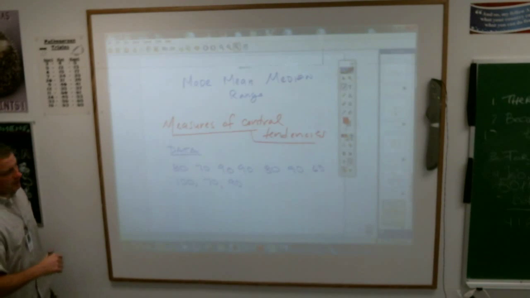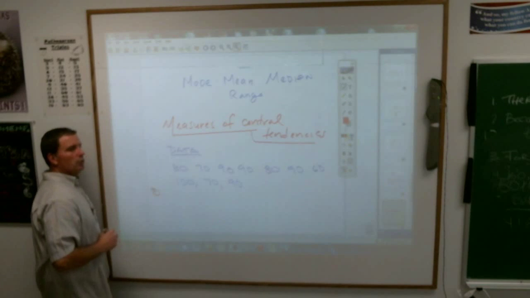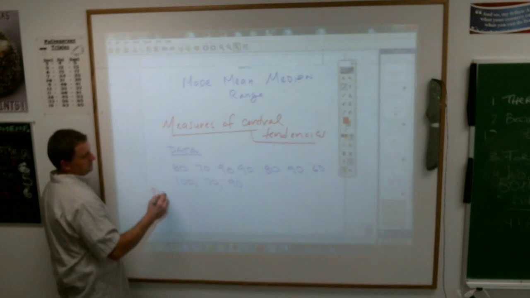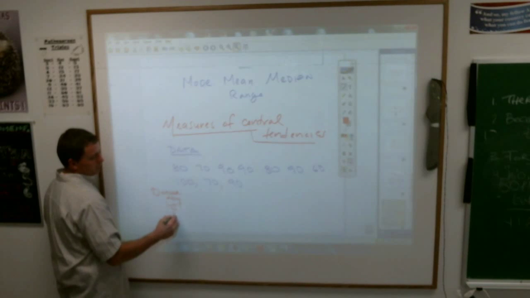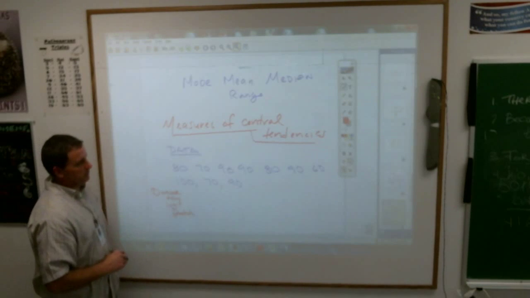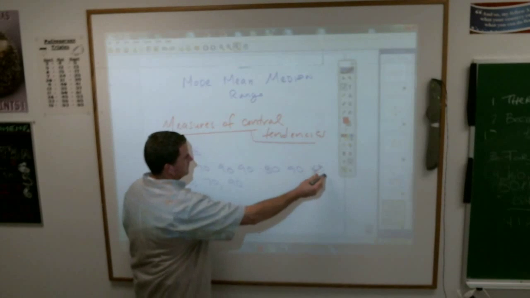The first thing you want to do is order them from least to greatest. So in other words, what do we have? We have a 60.